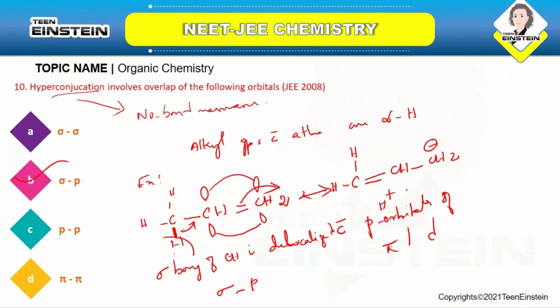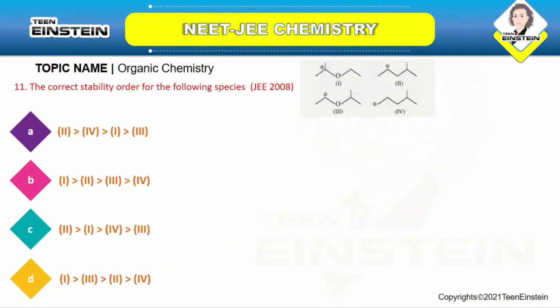So next, let's see the next question. The correct stability order for the following species. So here we have 4 structures. In the first structure, the lone pair of electrons on oxygen stabilizes the carbocation, and it is also a tertiary carbocation, hence it is more stable.